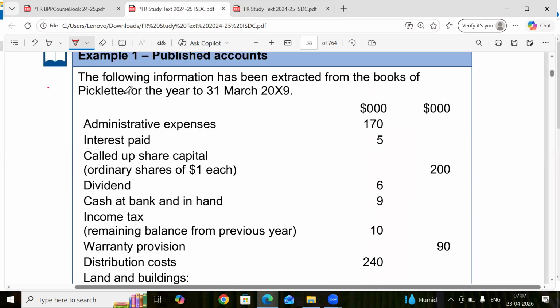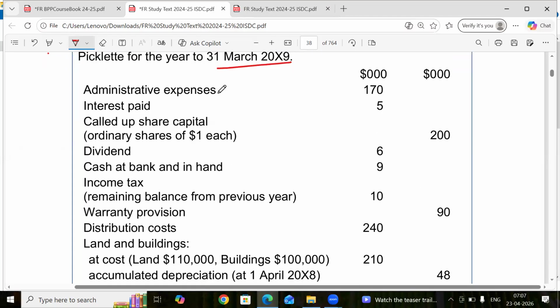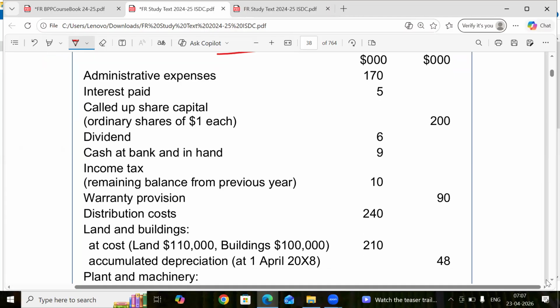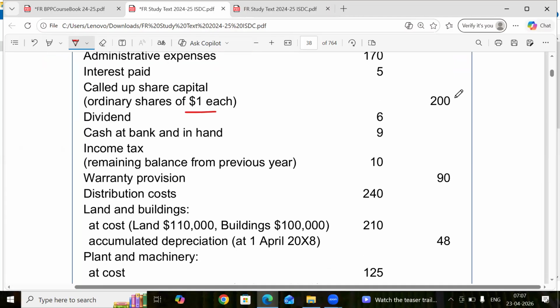The following information has been extracted from the books of Piclet for the year 31st March 2009. What have they given? They have given administrative expenses, interest paid, called up share capital, ordinary shares at the rate of $1, so $200.